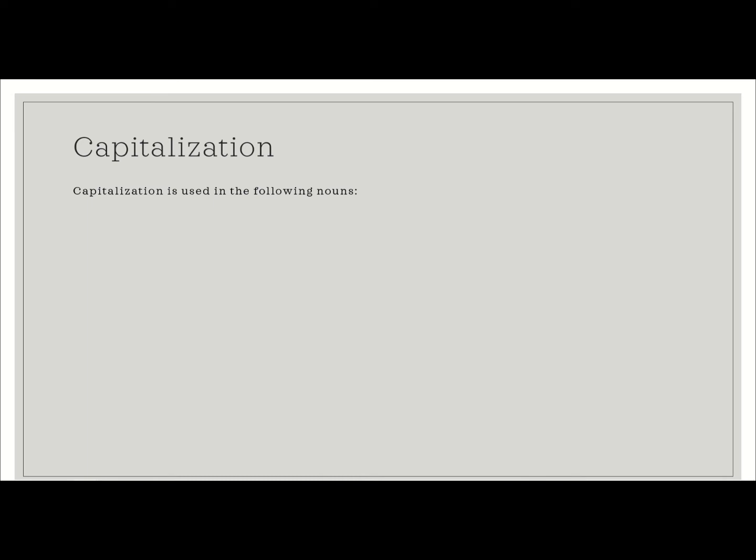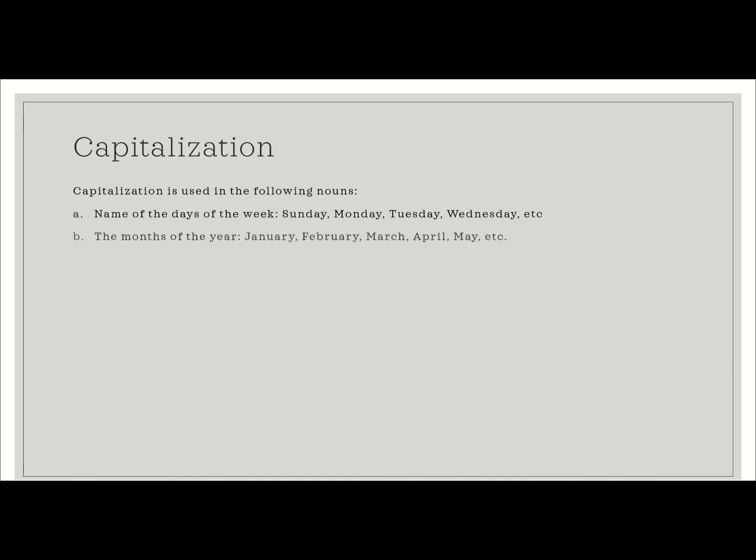And now we talk about the next punctuations or mechanics. Capitalization. Capitalization is not only for the beginning of the sentence, but capitalization is also used for particular nouns like the following. First, the names of the days of the week, like Sunday, Monday, Tuesday, Wednesday, and etc. And also the months of the year.